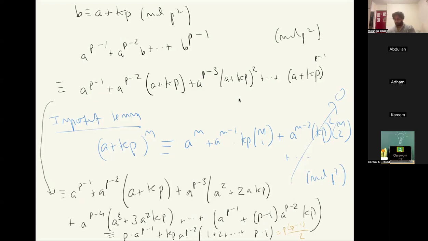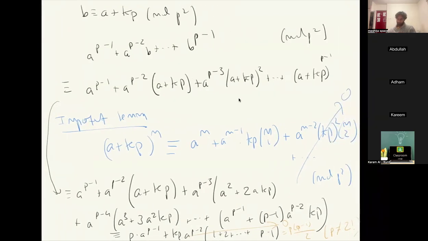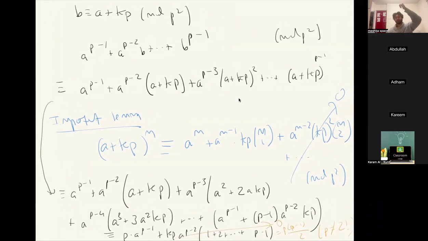So here's where we need p not equal to 2. Now since p is not equal to 2, we can cancel this term, and we just still have p times a to the p minus 1, which is not divisible by p squared. Okay, it makes sense, yeah?